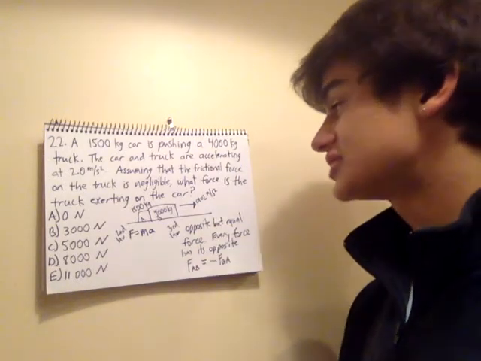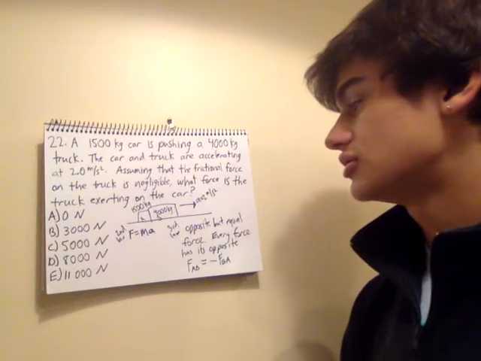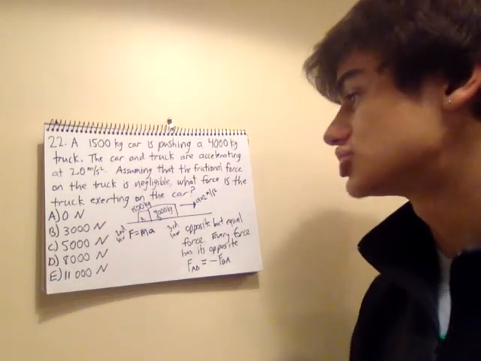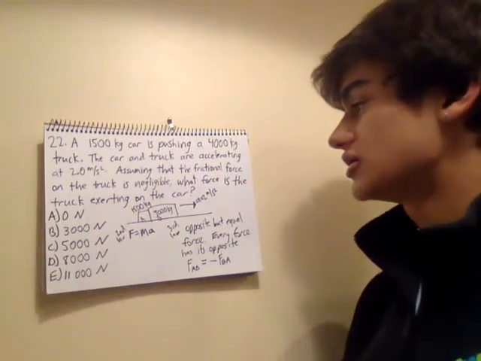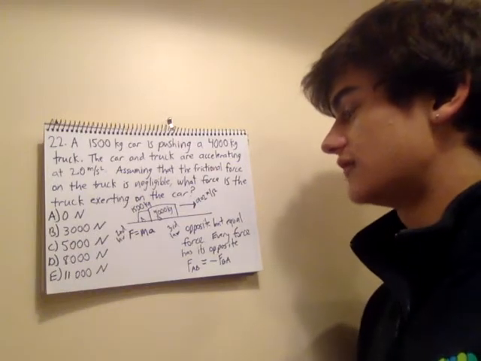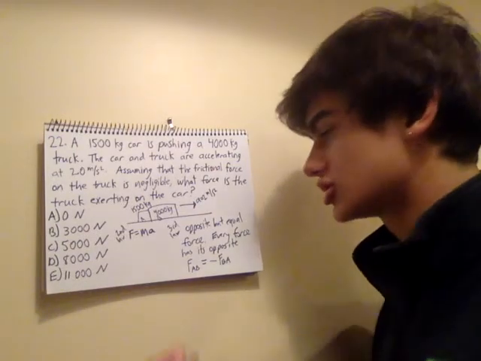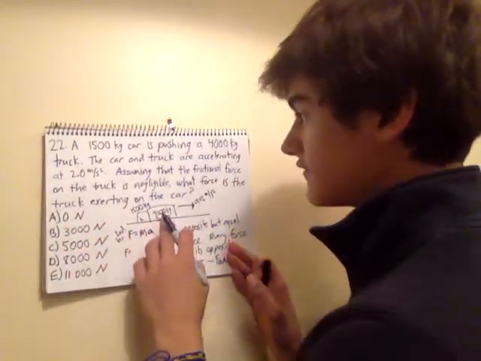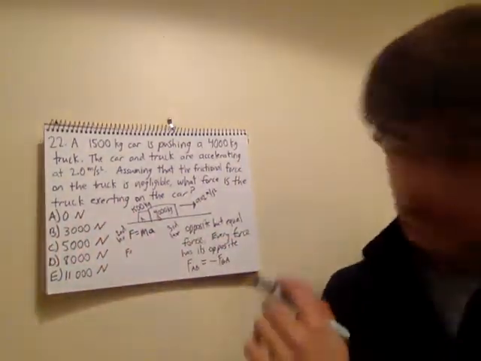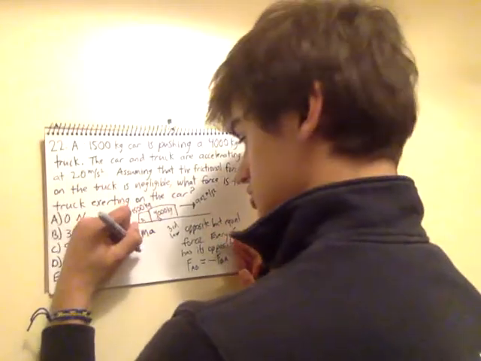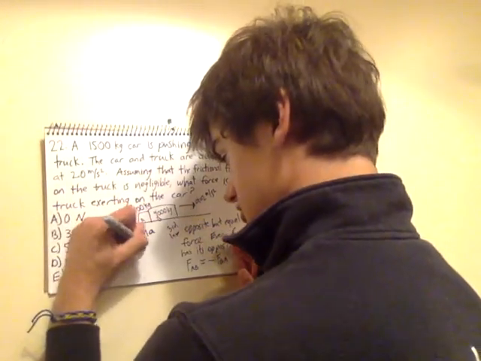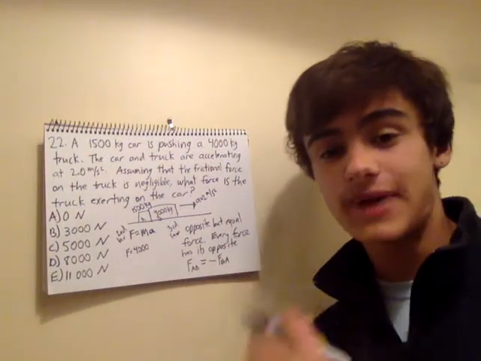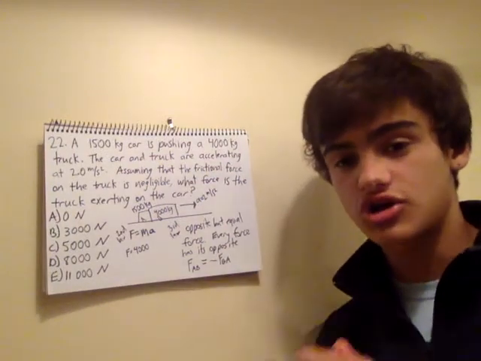So the opposite of that is going to be that the truck is exerting 4,000 kilograms of mass times its acceleration on the car. So we can pop that 4,000 kilograms into the equation, because that is the mass of the truck, which is what the car is pushing.